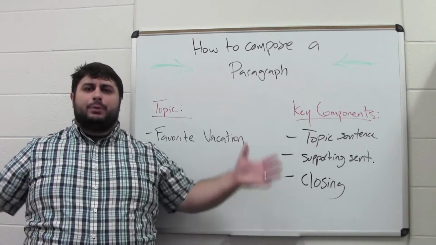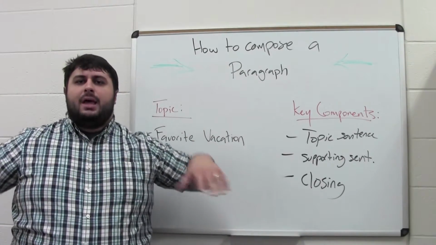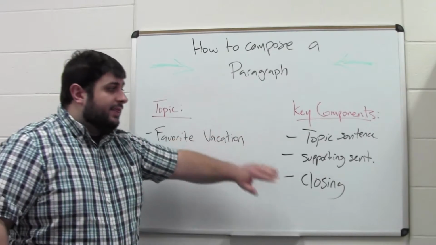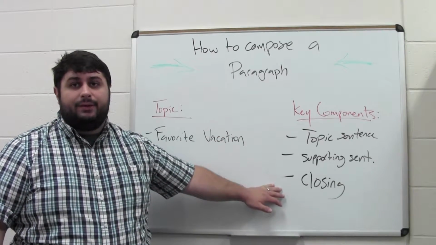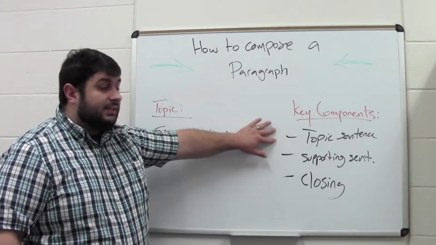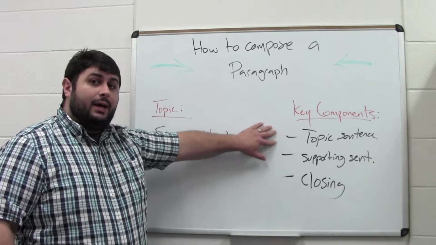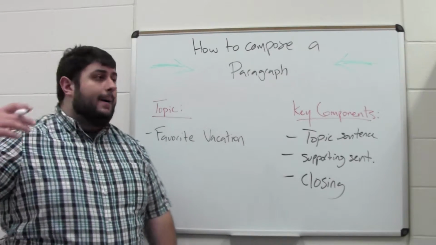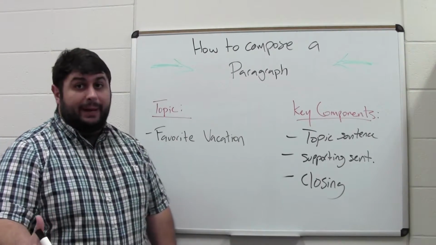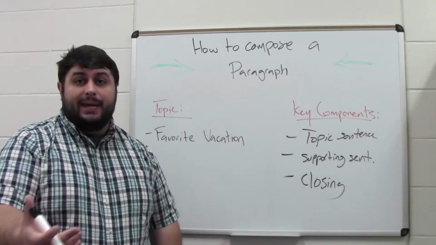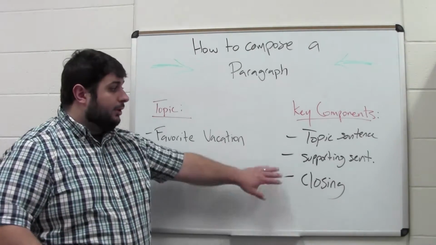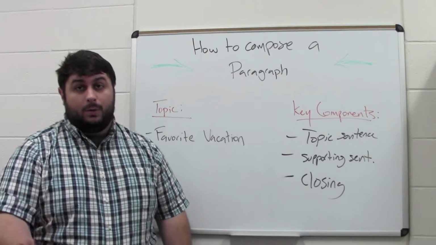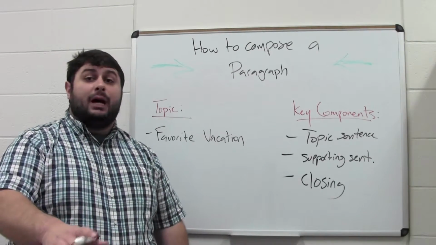It's basically like bringing everything to a close. The final statement. If this paragraph stands alone, this is the last sentence you have, right? Just as the topic sentence is the first thing they read, so it must be specific, it must give purpose to the paragraph, it must lure them in to keep reading. The closing is really your opportunity to drive your point home, again, in a non-repetitive way.